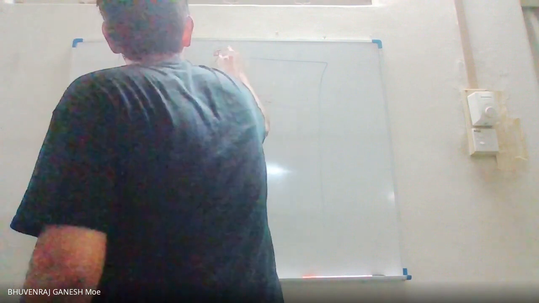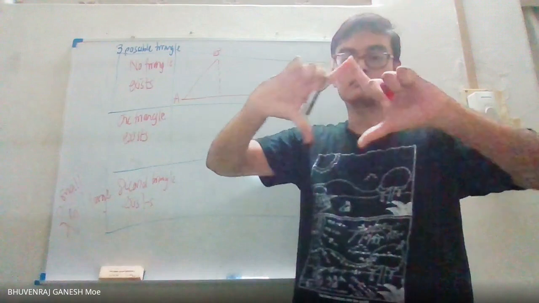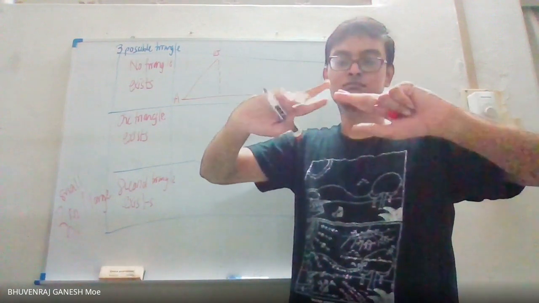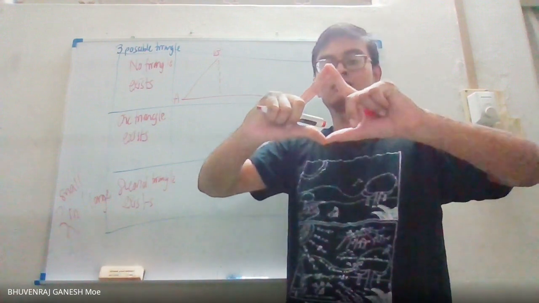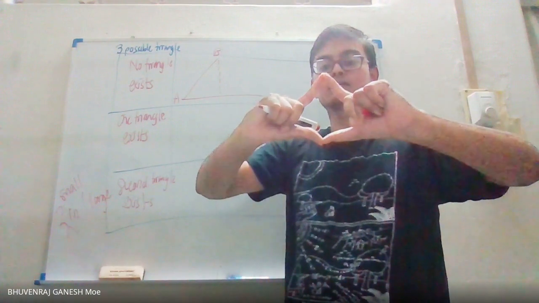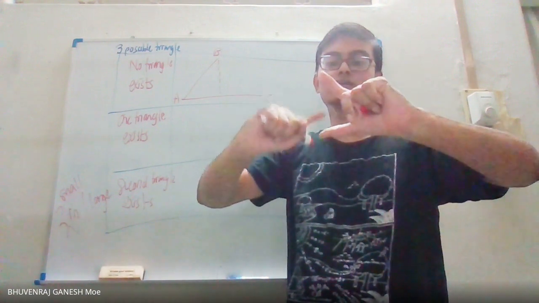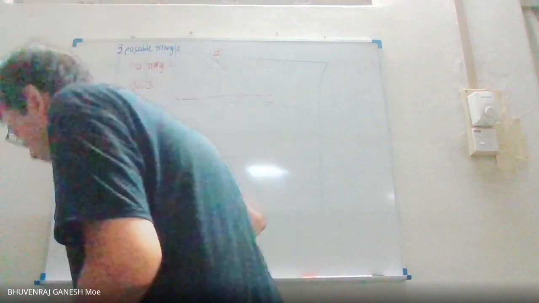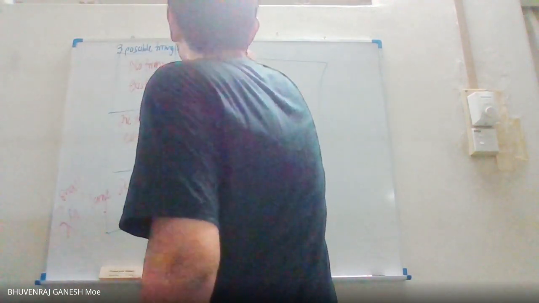This is the height of the triangle, because the triangle is something like this. So the height is basically from here to here. This is the height. So they took off one side, which is the BC, and then you see this line they put as A, quite short one.